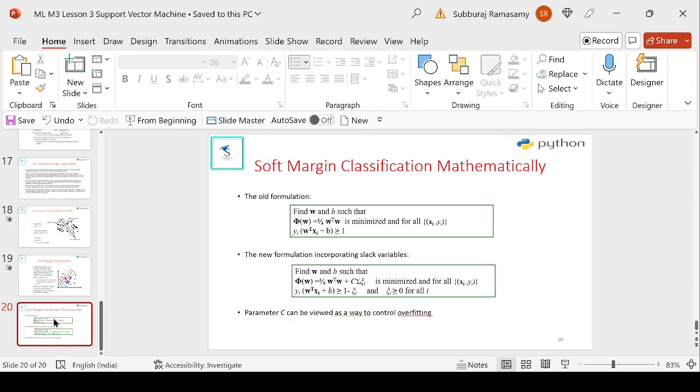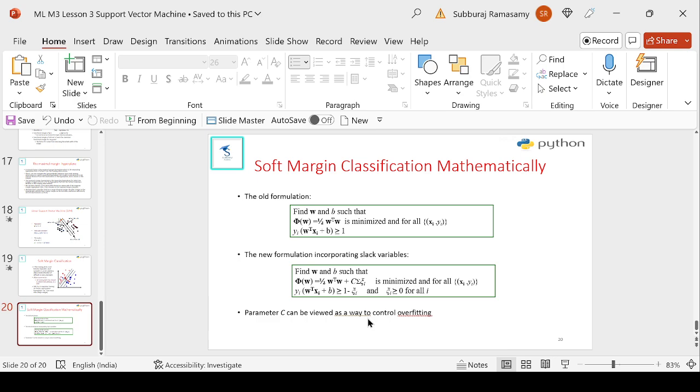So soft margin classification is you allowing for errors. So the equation becomes: minimize half w transpose w plus C sigma epsilon i. When you're minimizing it, you have to add this error component. Parameter C can be viewed as a way to control overfitting.